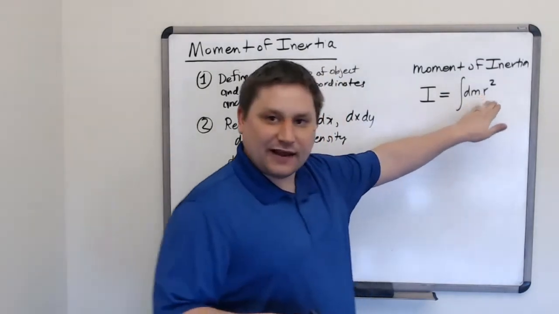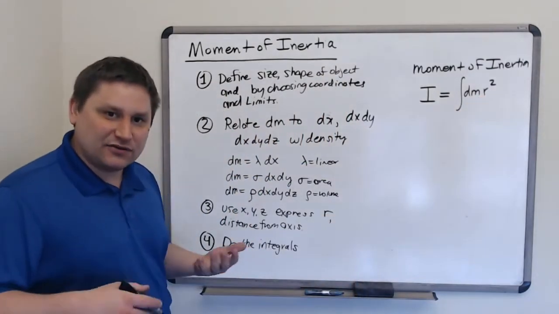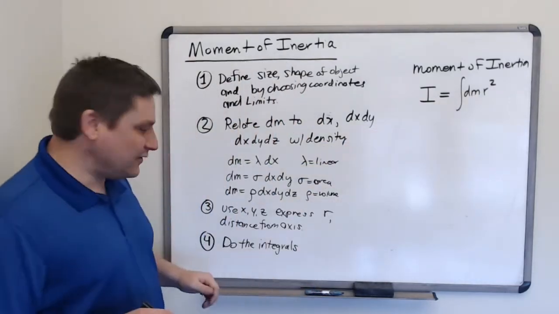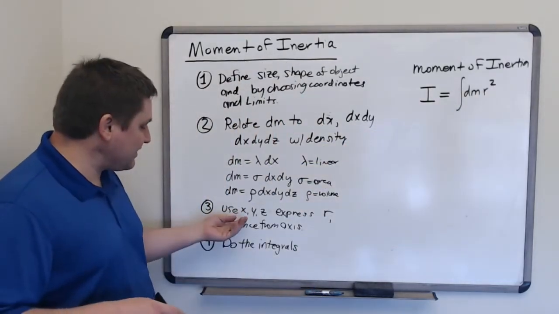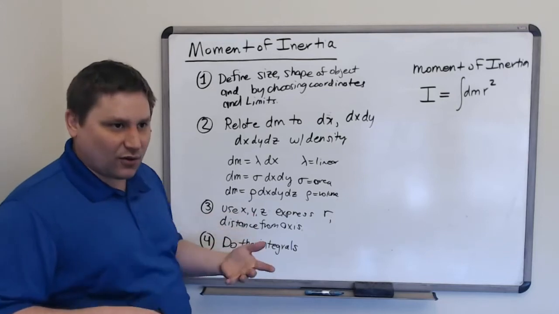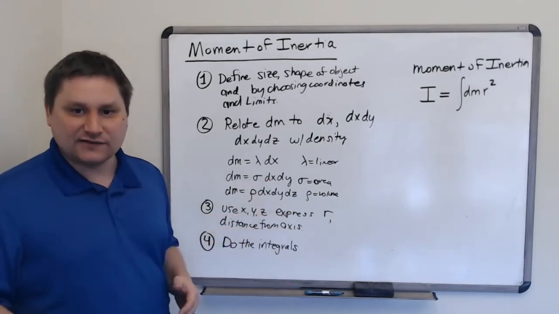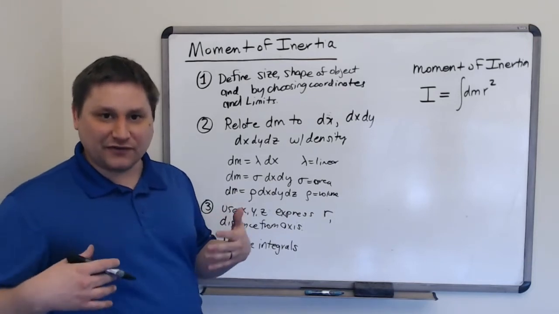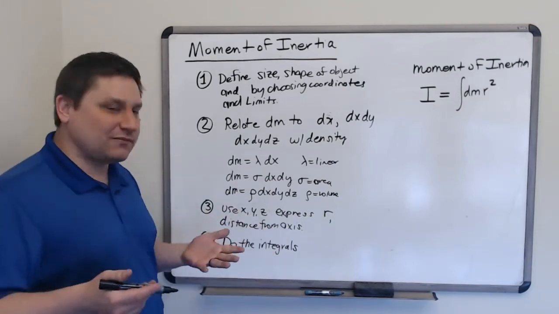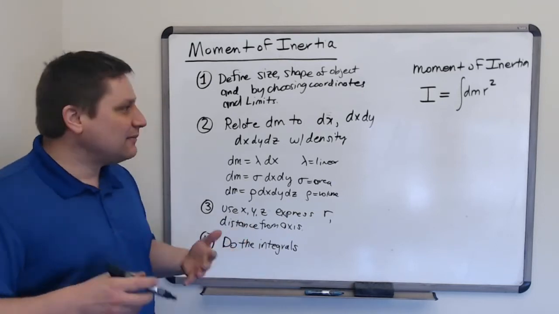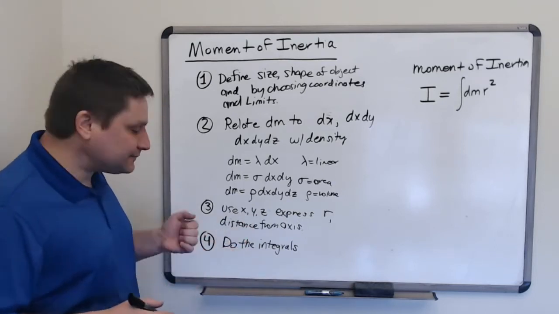The dependence on the coordinates also turns out to be usually rather tame. We have r squared here, which is just going to generally take our x, y, or z, or our angles and our distances, and raise them to some power. So we're going to be doing integrals that involve a lot of power laws, maybe some trig functions if we're using polar coordinates, but generally pretty tame integrands.